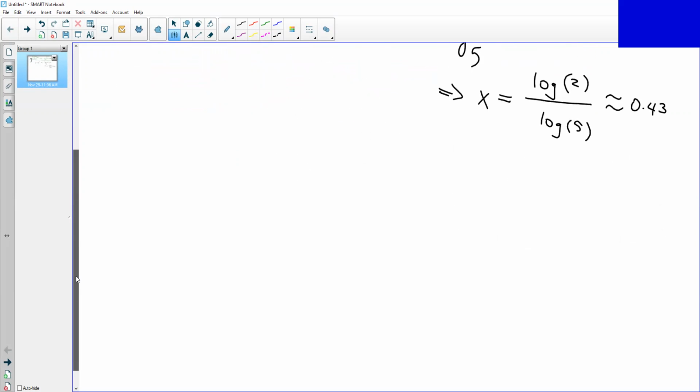Now let me give you the reverse problem. The reverse problem will be this. Let's say we're solving this: solve log base 3 of 2x plus 1 equals, let's say, 4.